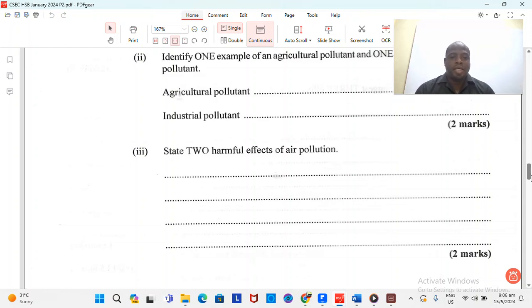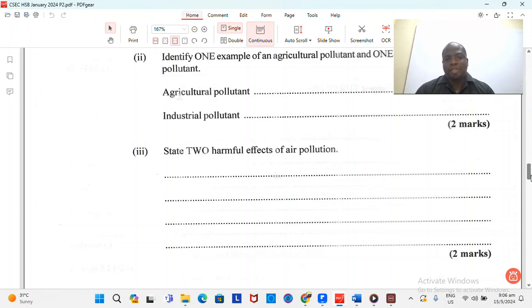Part 3, as we said, this is what pollutants do. They cause harm to human beings and to the organisms that are living. Let's take a look at how we can explain two harmful effects of air pollution.